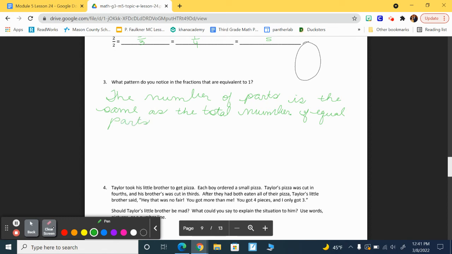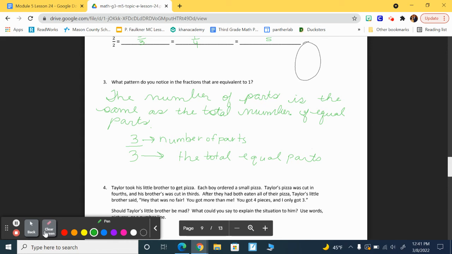And here's kind of what I mean by that. So if we have the fraction 3/3, okay, we know this top number is the number of parts, or we may say number of copies. And the bottom number that you see down here is the total equal parts. So you can see that those numbers are the same. Okay? So that's what that should look like there.